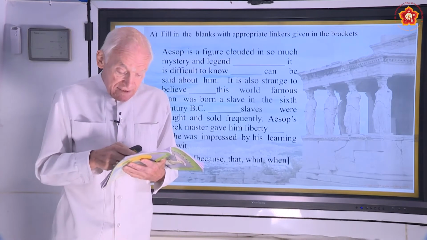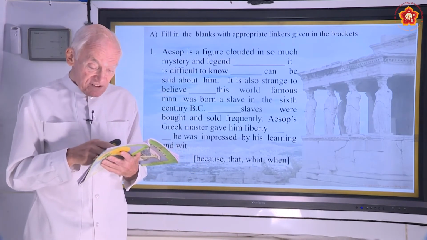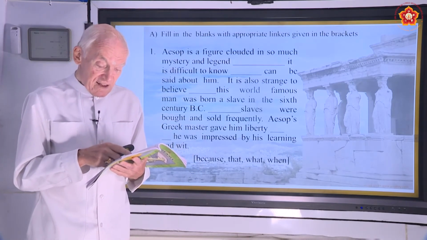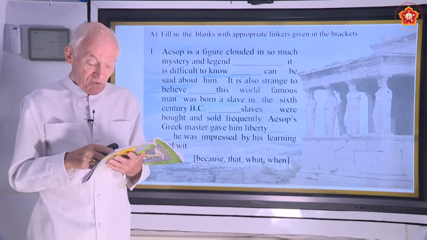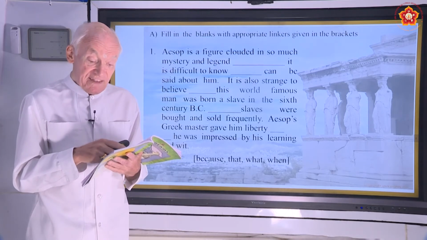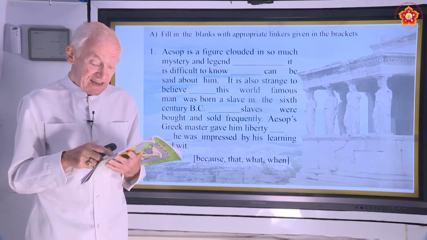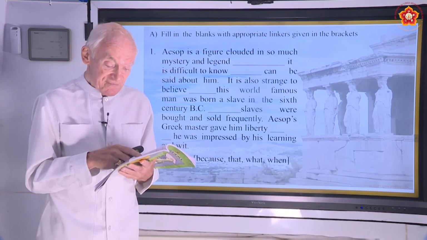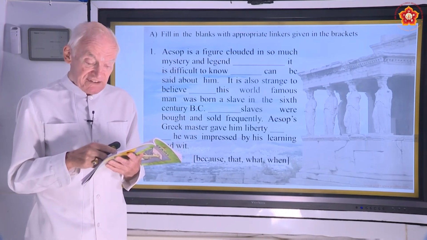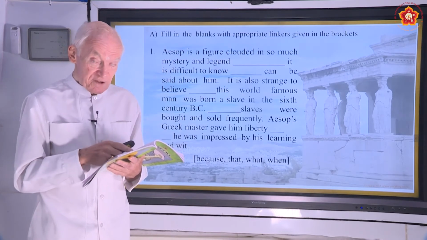Correct. We go further. It is also strange to believe, then there's a blank, so we have to use that, what, when, or because. Believe that this world-famous man was born a slave in the 6th century. Blank, slaves were bought and sold frequently.